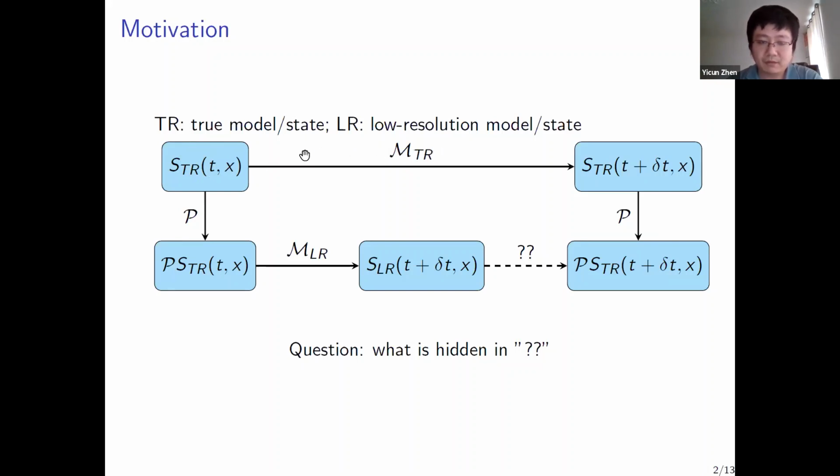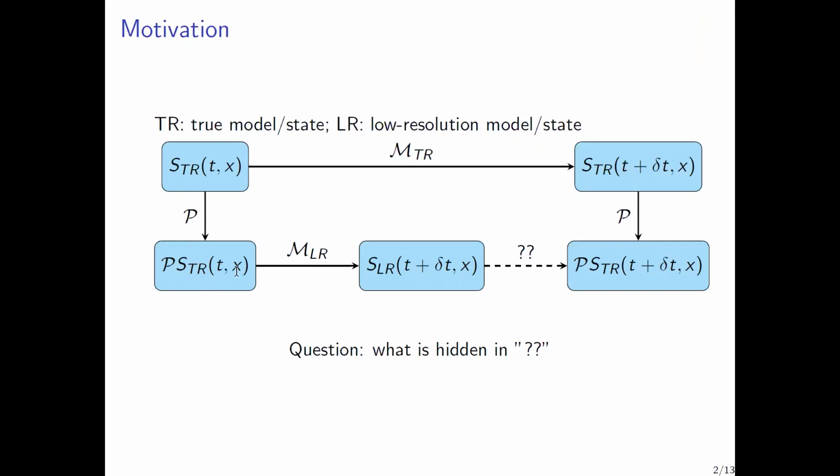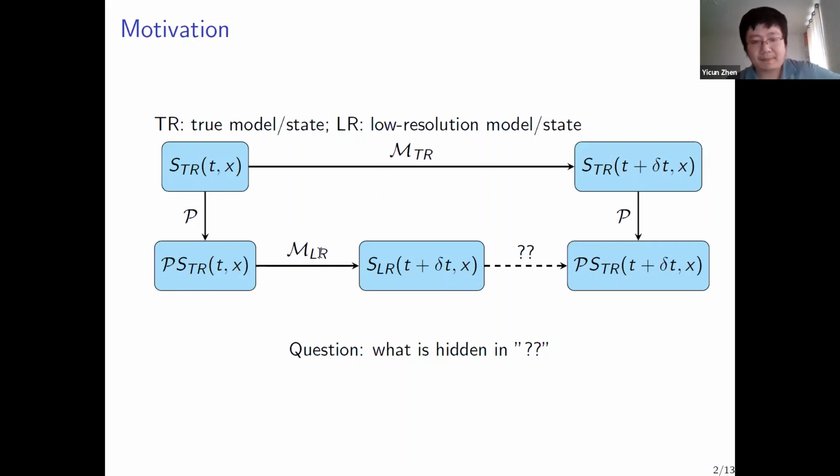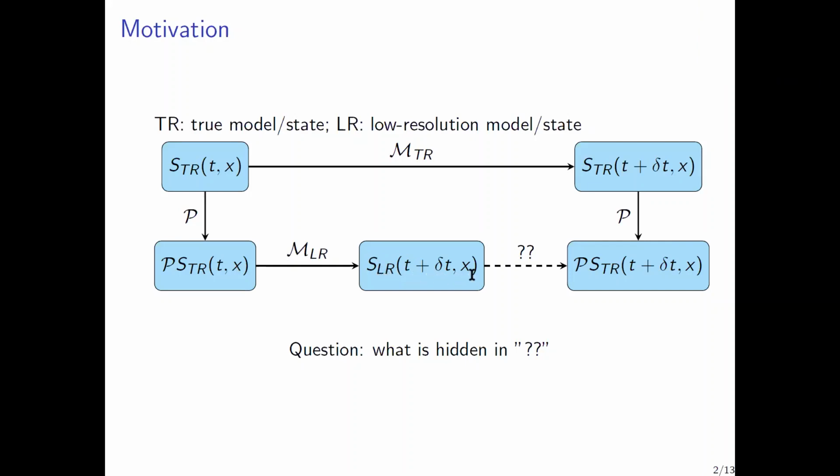The true model propagates S_TR to S_TR at t plus delta t, and then suppose we have a projection from the space of the state variable of the true model to the low resolution space, and then we run the M_LR, the low resolution model. So we get a forecast, we call it S_LR at t plus delta t.